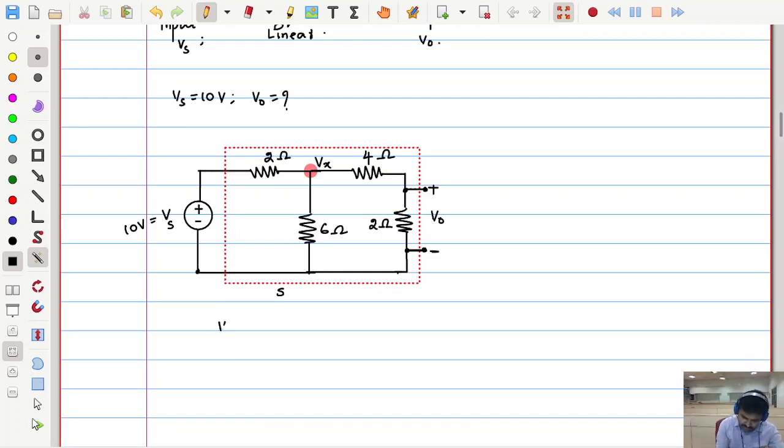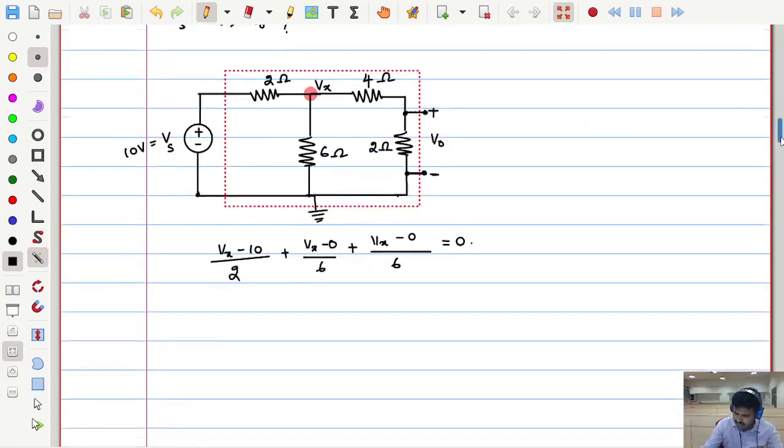What we will get is (Vx minus 10) divided by 2, this branch current, plus, this node is the reference node of course, (Vx minus 0) by 6, plus, I'll take these two branches as a single branch, (Vx minus 0) by (4 plus 2), which is 6, is equal to 0.